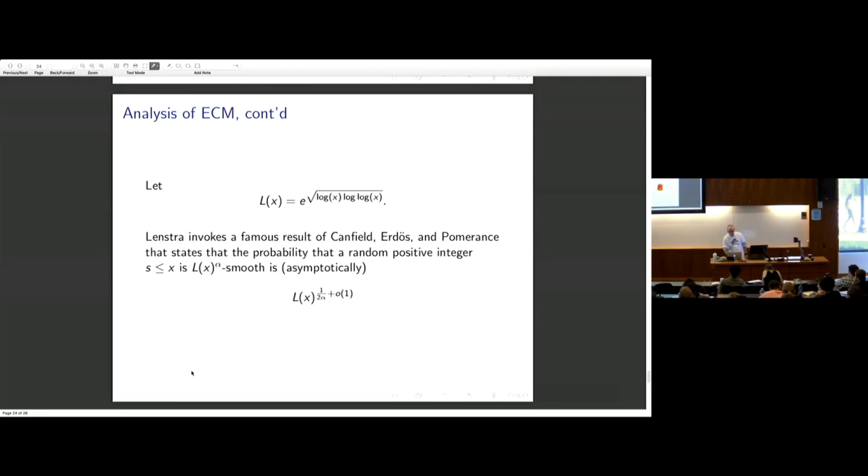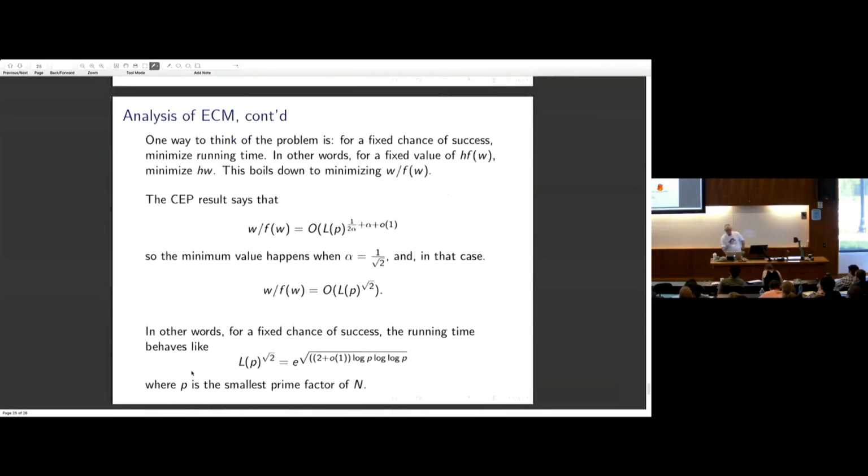So we have to trade off the probability of success for a given h versus the number of h's that we try. The running time is h times w, and the probability of success is h times f of w.